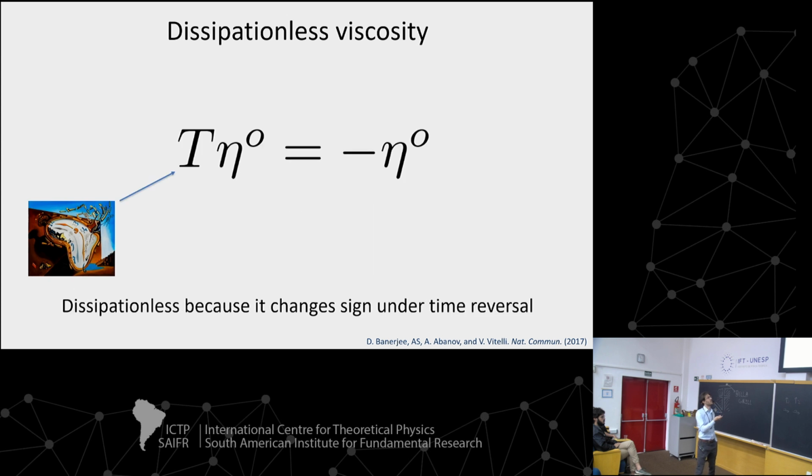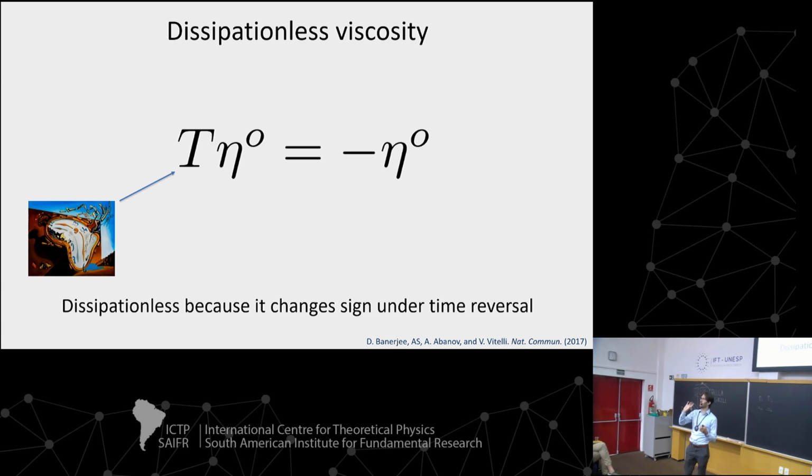Another way to think about it, that's still heuristic but maybe more symmetry-based, is that this odd viscosity reverses its sign under time reversal symmetry, right? So it's natural that if you spin all the particles in the opposite direction, the odd viscosity will have the opposite sign.